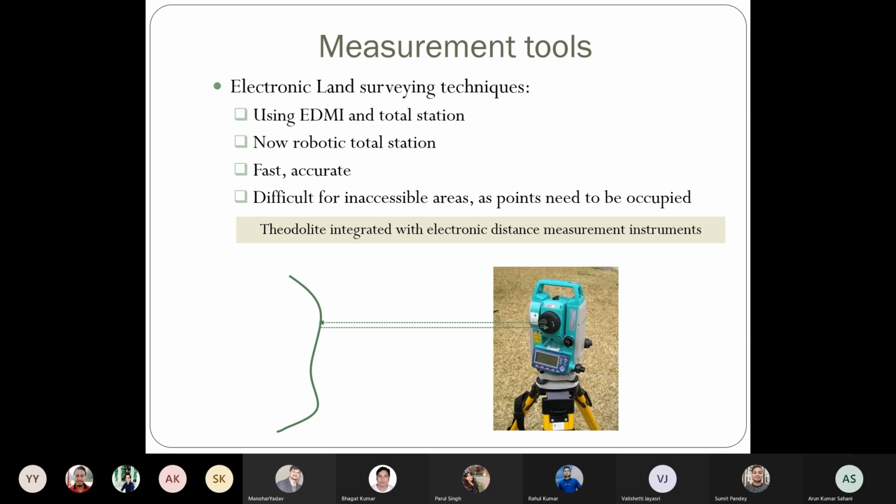But again, there is a difficulty: it is not possible to access an inaccessible area, and from here you want to acquire the point. So again, there will be accessibility issues with this instrument.